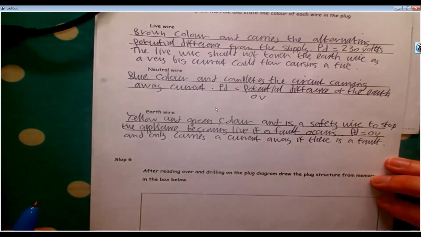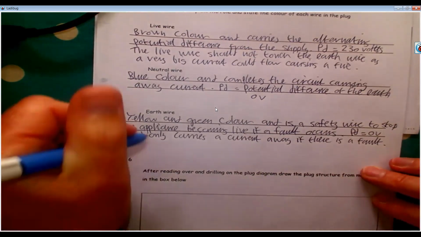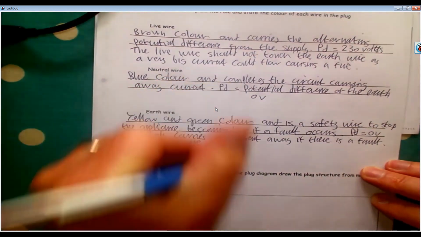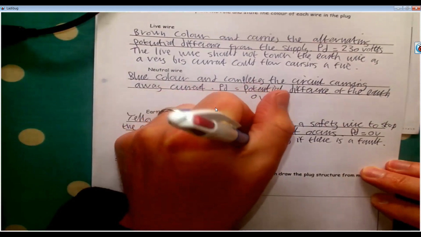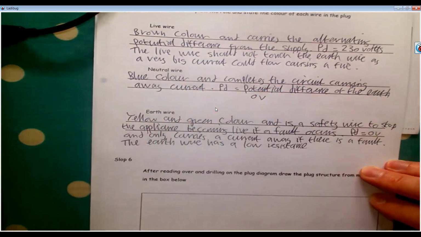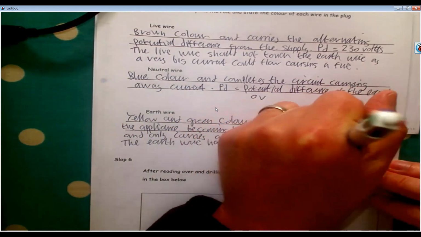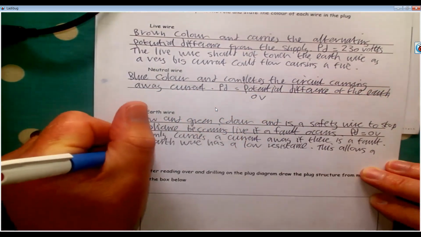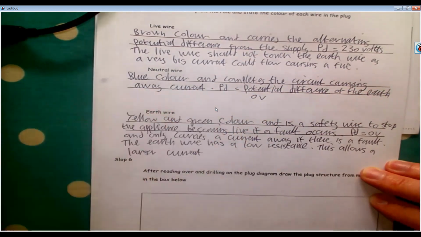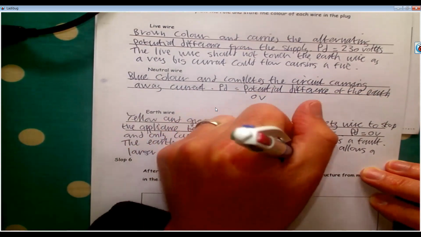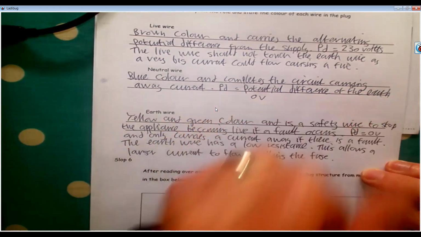So how does this actually happen? So the earth wire has a low resistance. This allows a larger current to flow, melting the fuse.